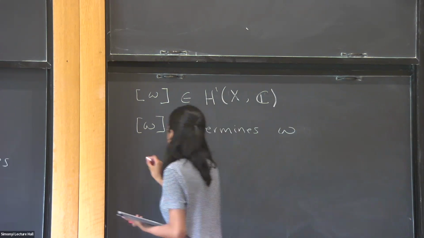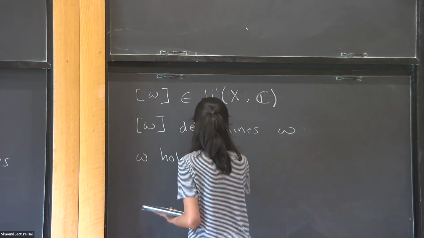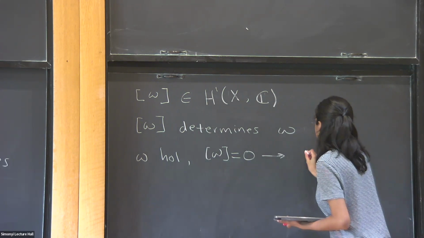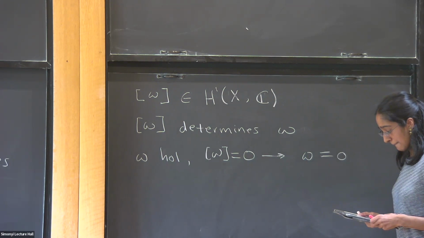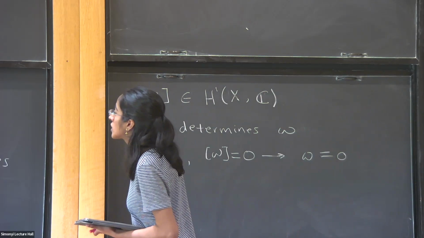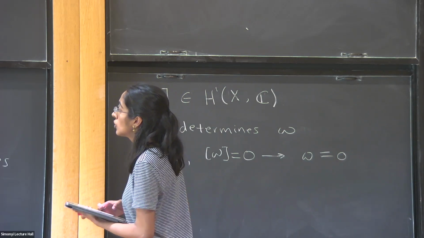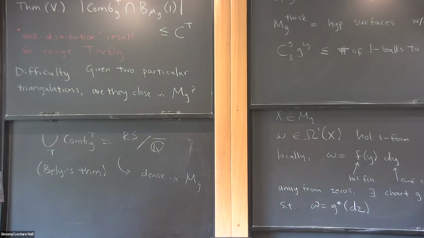So in particular, omega holomorphic and cohomology 0 implies that omega is also 0. Cool. So what does all of this have to do with triangulations?